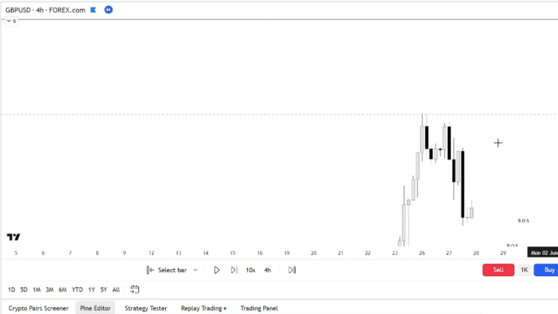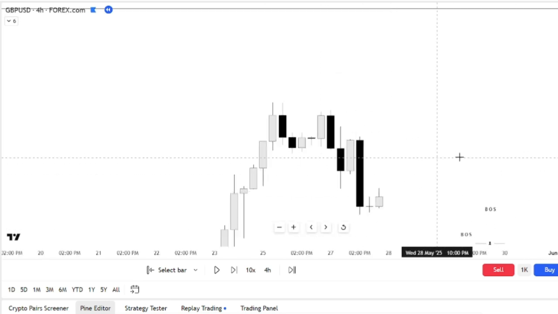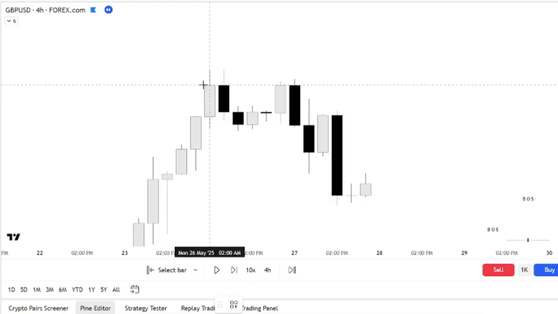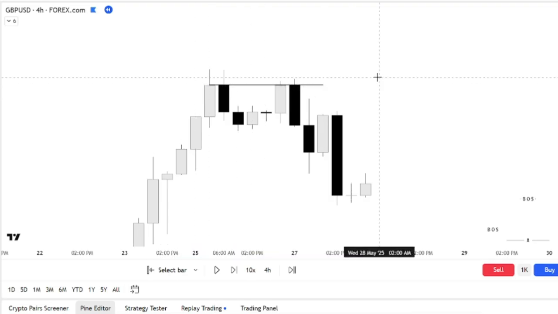On the 4-hour time frame, we need to identify a resistance level. Either a support or resistance level. On this day, what we were able to identify was actually a resistance level. In case you don't understand what I mean by resistance level, I made a recent video before this video. I will drop the link in the video description, and I want you to watch that video after watching this particular one.